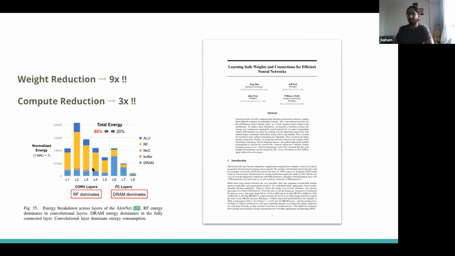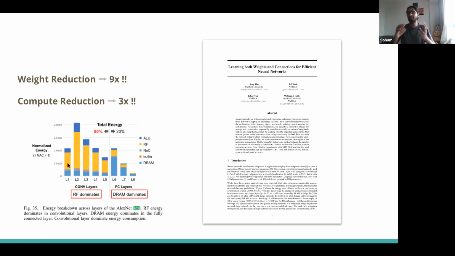I can't recall which hardware this was done on, but for now we can forget the type of hardware. Essentially, what this diagram is showing is AlexNet, which has 5 convolutional and some pooling layers as well, and it has 3 fully connected layers. So in the convolutional layers, you can see that RF, which is register file access.